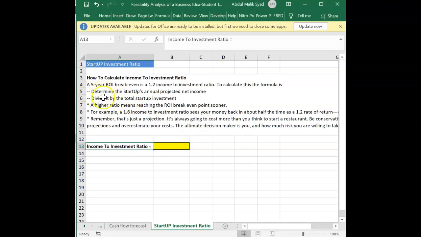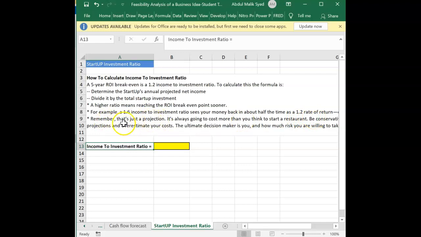We will do it right away to see whether the coffee business is viable or not. A higher ratio means reaching the ROI break-even point sooner. For example, a 1.6 income to investment ratio sees your money back in about half the time as a 1.2 rate of return.